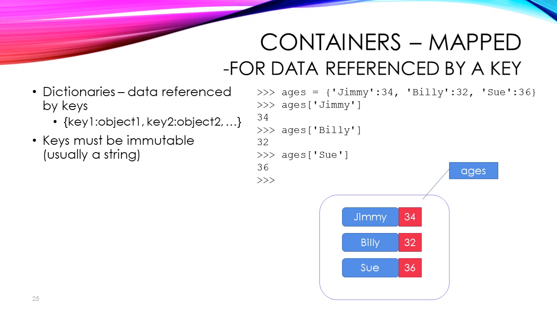Down below, you can see how this is structured inside the computer. You have an object with ages pointing to it. The object contains the three keys, Jimmy, Billy, and Sue, and they are connected to the values 34, 32, 36. Interesting thing about dictionaries is the order is undefined. The programmer does not need to worry about it. The computer takes care of that detail for you.